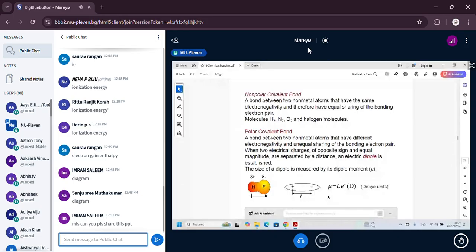We use the Greek letter mu to indicate dipole moment, and the unit for dipole moment is the debye. The dipole moment is the product of the distance between partial charges and the charge.